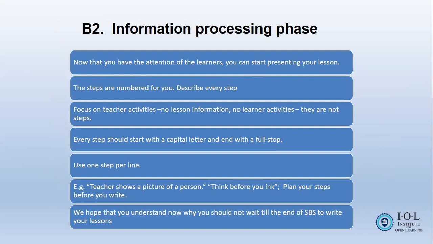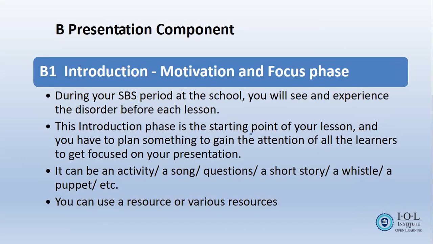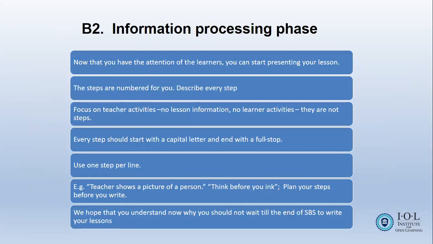After you have the attention of the students, then you may start with the lesson. You need to also announce the lesson objective, what you would want them to achieve with the lesson, that is found in the A part here, the previous part. The lesson topic must slot into the objectives and the content.